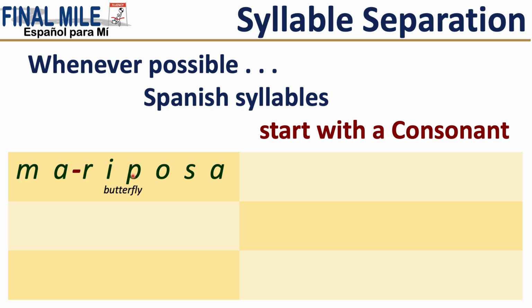So we keep going until we find another vowel. Here it is. We know that the I and the O cannot be in the same syllable because they are separated by a consonant. So the break has to be somewhere in here. If we give the P to the I, then that means that the O starts a syllable unnecessarily. So the break goes between the I and the P.